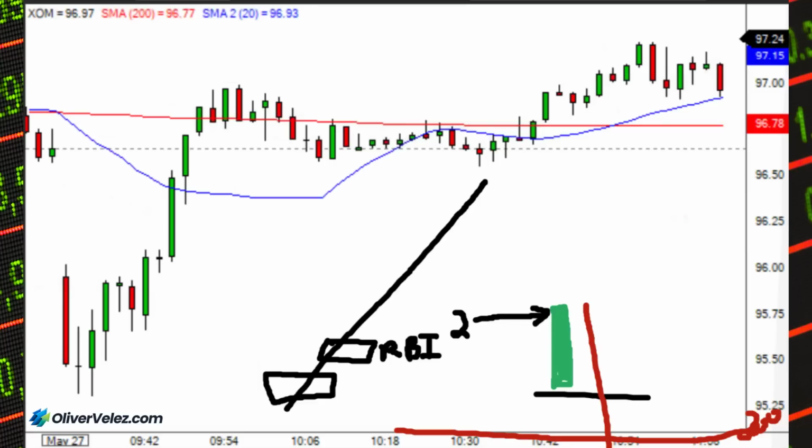Now watch this. Boom! I'm stronger. So the point is that it's a possibility that the red team is stronger than the green team once they get the ball. We don't know. They haven't gotten the ball yet. We need to see the first red bar to see how strong or weak the red team is.